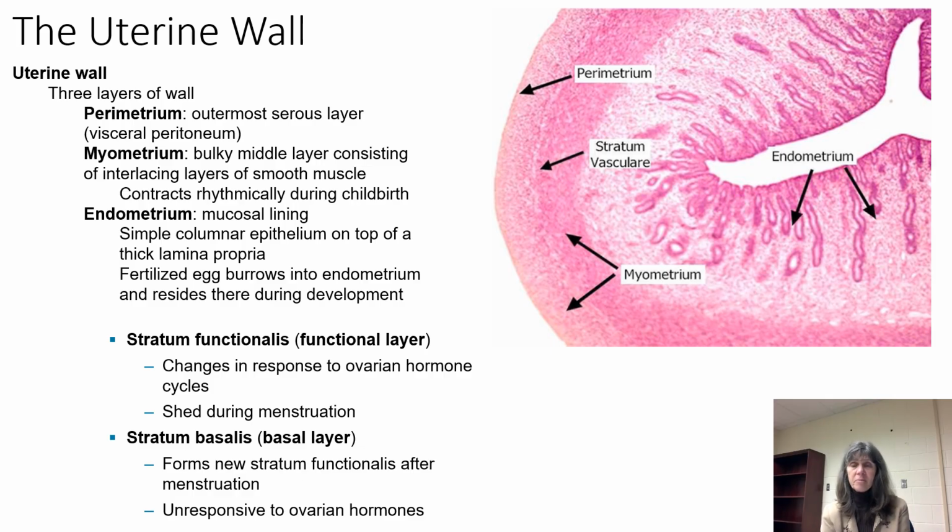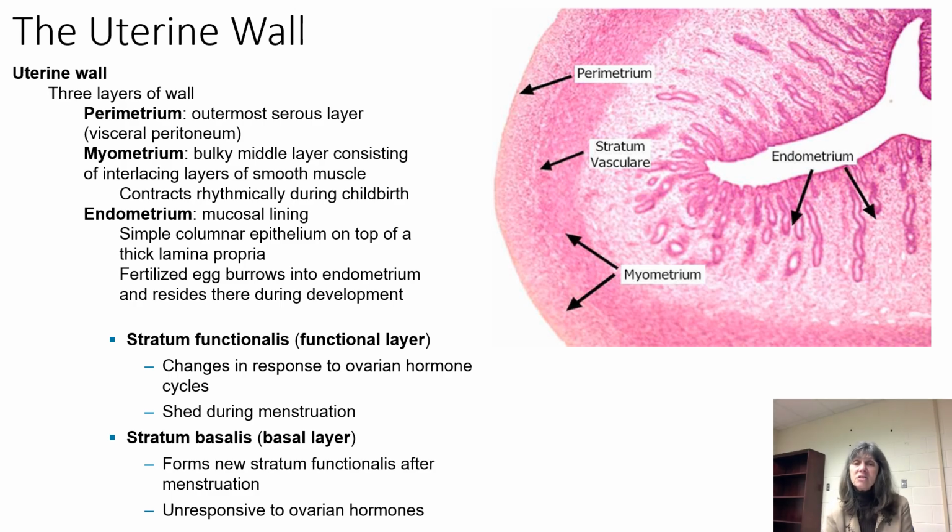The endometrium forms the inner mucosal lining. It's made up of simple columnar epithelium on top of a very thick lamina propria, and it is in the endometrium where a fertilized egg, the zygote, will actually burrow into and remain during development.